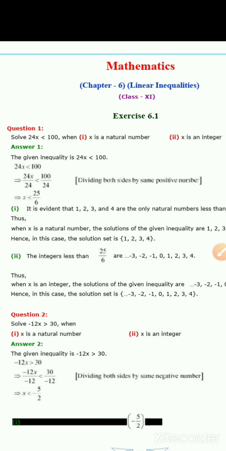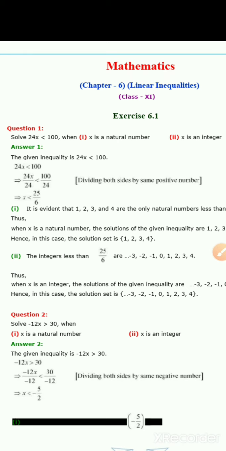Solve 24x less than 100 when x is a natural number, x is an integer. You have learned how to solve the inequalities of one variable. The first step is to add or subtract on both sides, and multiply or divide if it is multiplication or division.